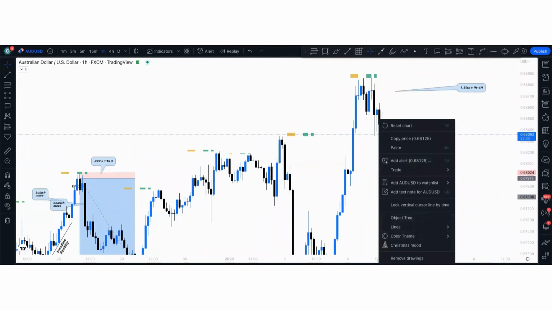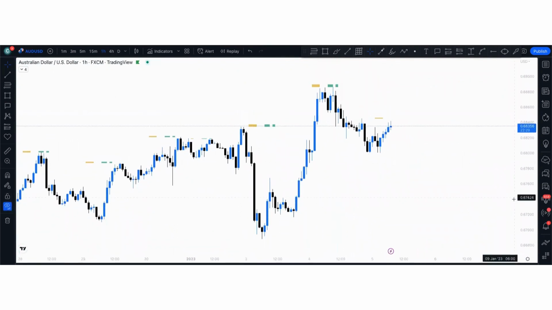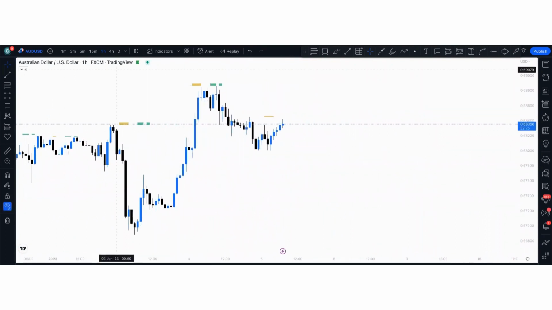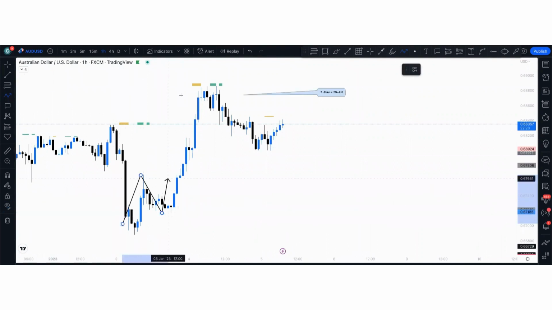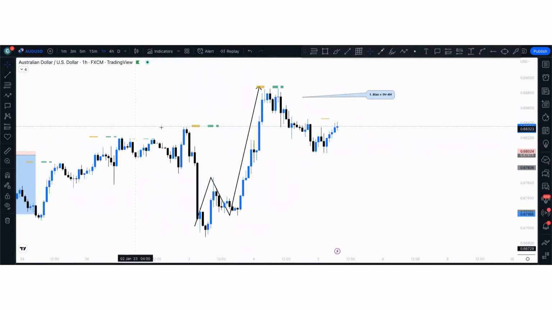Okay. As you can see here, price is taking price action to the upside and sweeping some liquidity above this area.